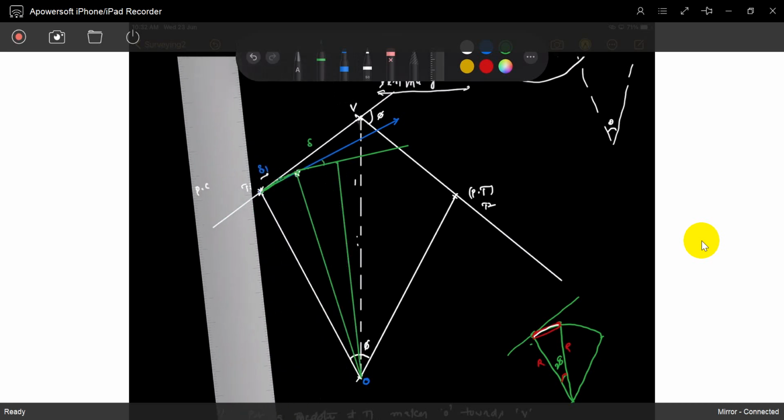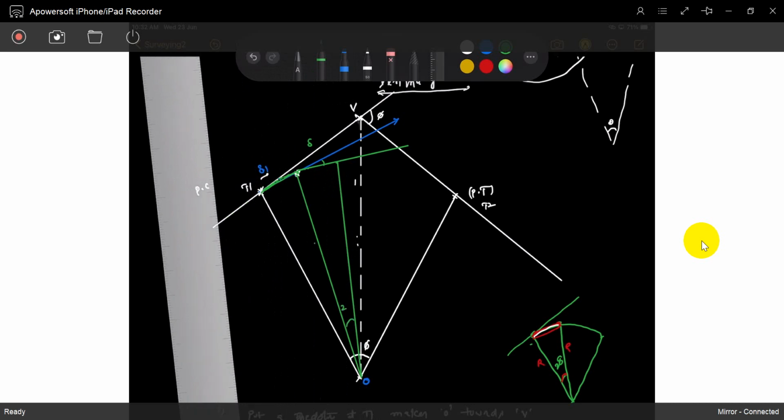What is the angle made? Same, this is R, this is R, same thing. So this also makes 2 delta. If it is delta 1, or if you take delta 2, it is based on your chain length. Sir, we have a 30 meter chain, so fix 30 meters. If a 30 meter length is not available, that is irregularity.